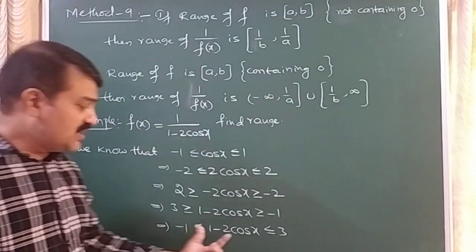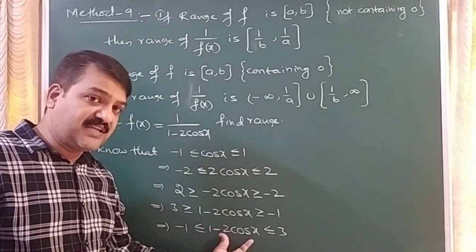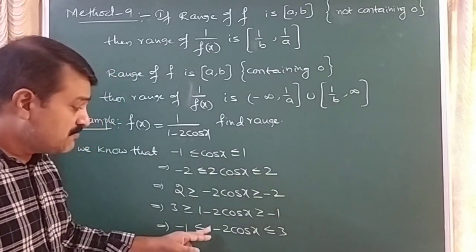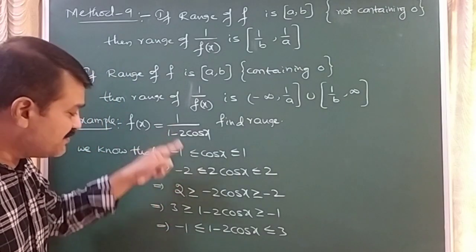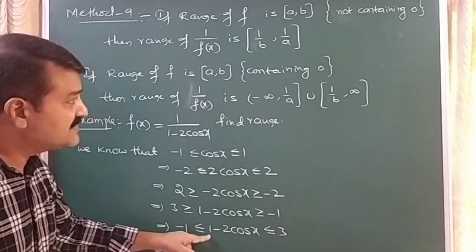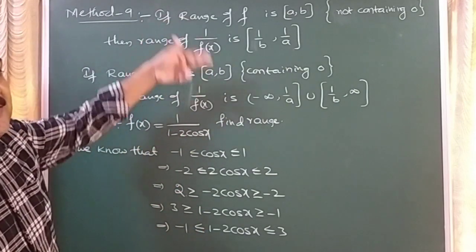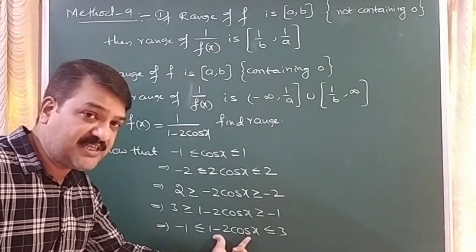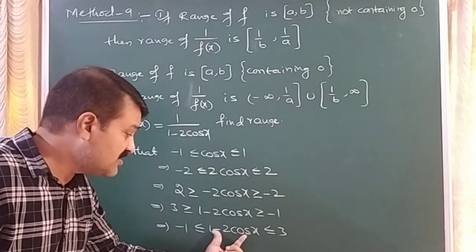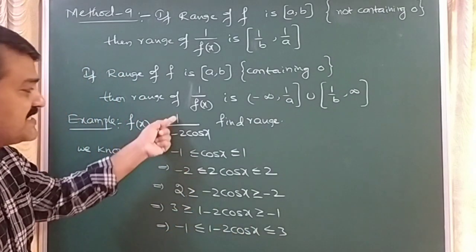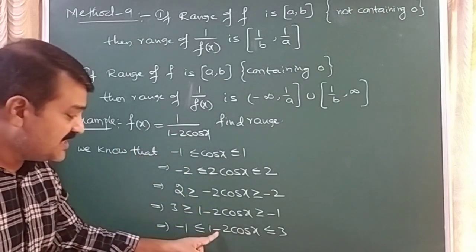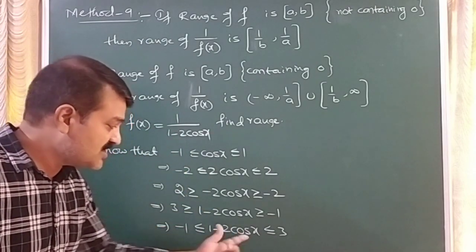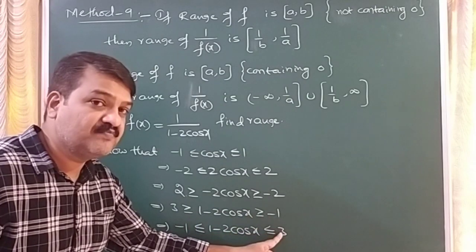Now you know the range of this 1 minus 2 cos x but you want the range of reciprocal of this one. So this condition is applicable now. You know the range of this particular function, but you want the range of reciprocal of this. And see, this particular function range is -1 to 3.